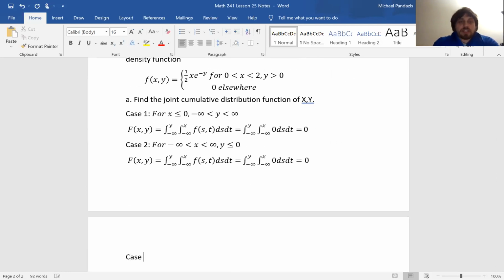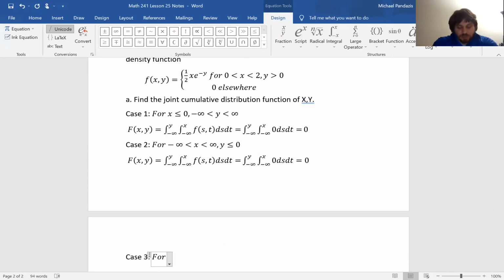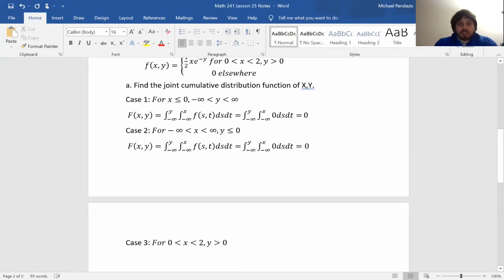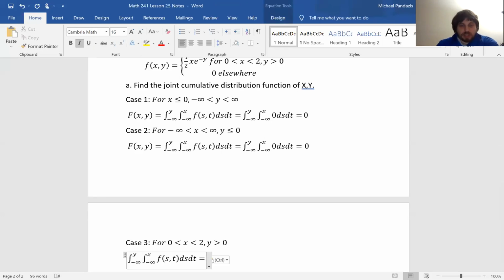Case 3: we need something that's in neither of those, so for 0 less than x less than 2 and y positive. For that situation, capital F of x comma y is equal to this.